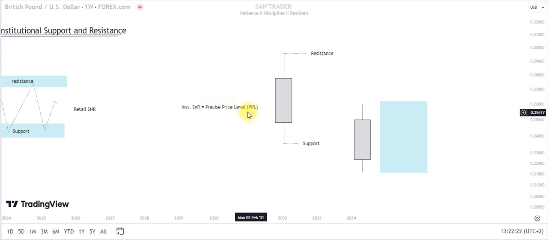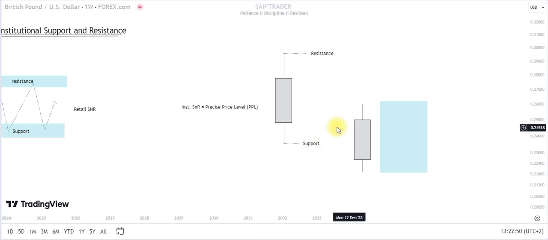So PPL will only work if you have two consecutive candles, right? So this is when we are going to apply our true support and resistance, not the retail one, right? This one, and I know no one is talking about this one, so this will be new.